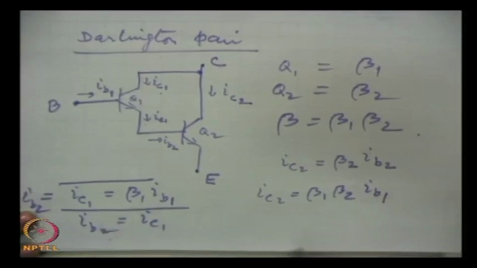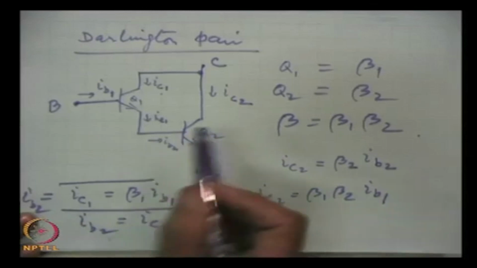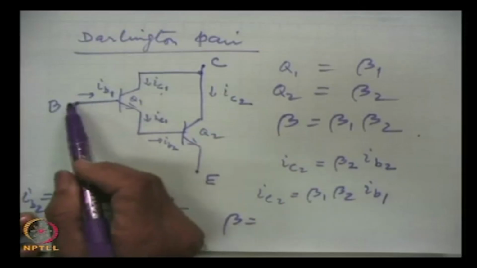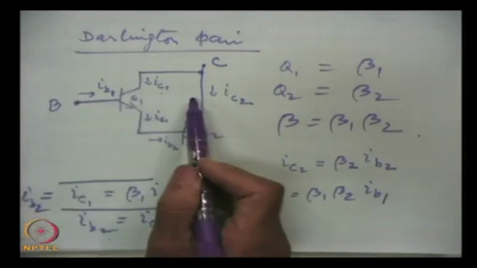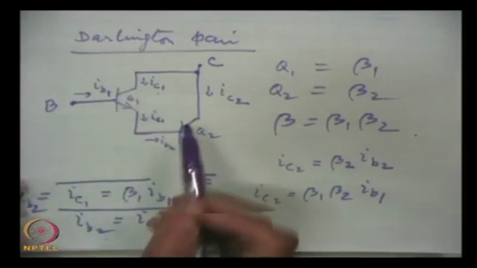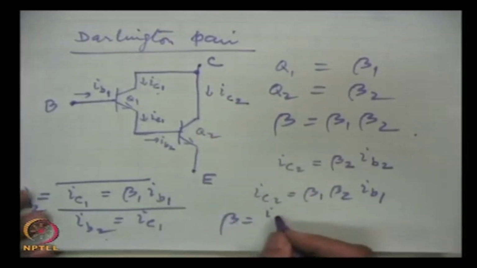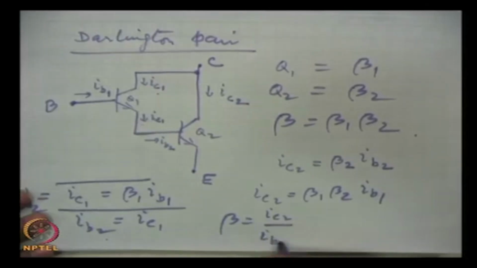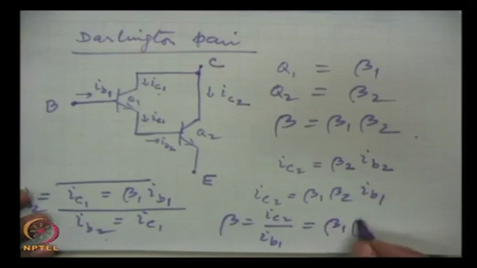And what is the overall current gain beta? It is the ratio of output current to input current. For the composite direct coupled amplifier, the output current is IC2 and the input current is IB1, and from here we find that this is beta 1 into beta 2.